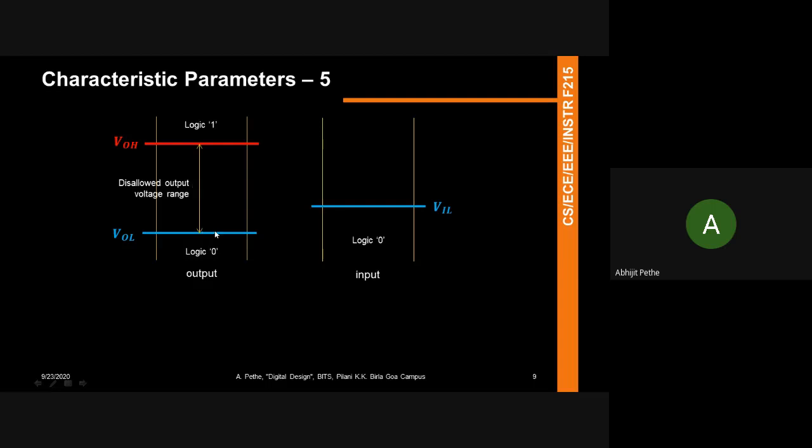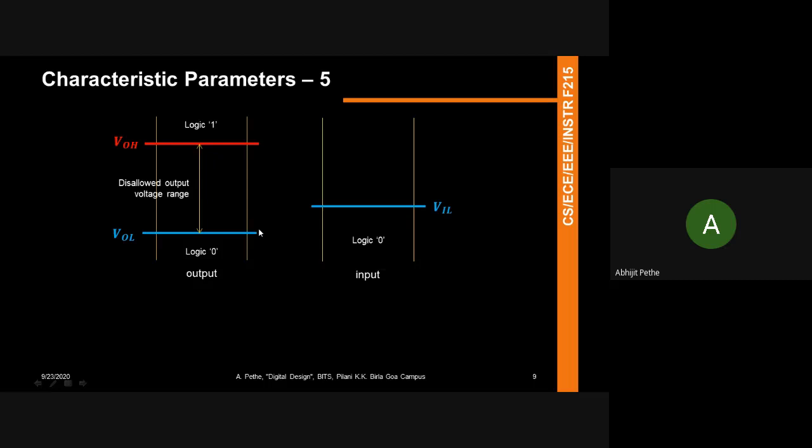So as I go from this output to this input, if the voltage falls below VOL, I don't have to worry, because I know it will be in the valid range for the low. But I have the margin of this difference. So even if my noise is such that my input level stays below VIL, it will still be treated as an L. So the difference between these two levels tells me what the noise margin is.